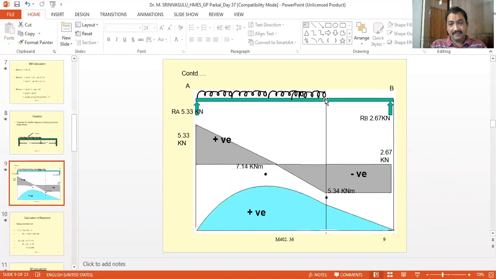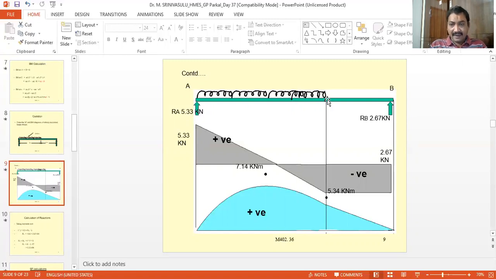Next, coming to the point C. So this is the point C. Here, because there is no load between the point B and point C, the same shear force will continue. So whatever the shear force is there, that remains. So at point C also, it is equal to 2.67 kN.